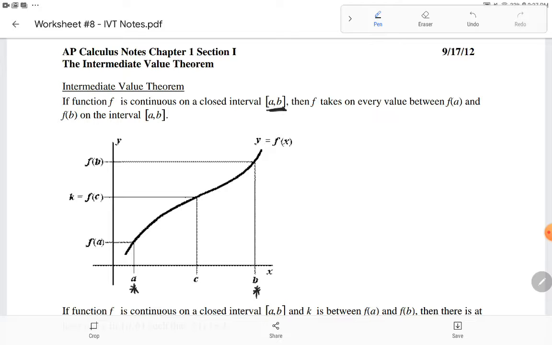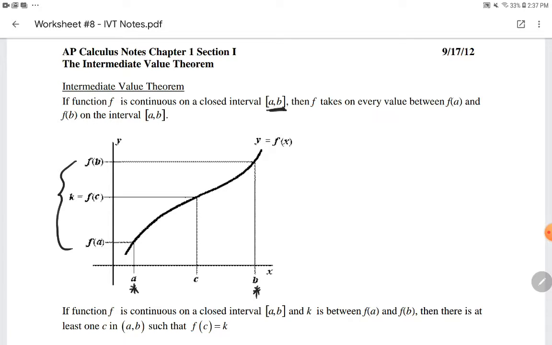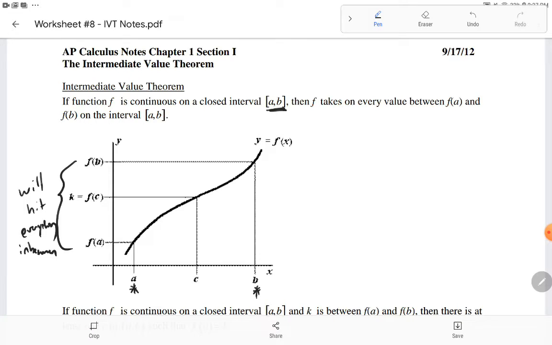There's no jump or infinite or whatever going on in between. Then what this theorem is saying is that this function is guaranteed to hit everything in between. We'll hit every y value in between, right?